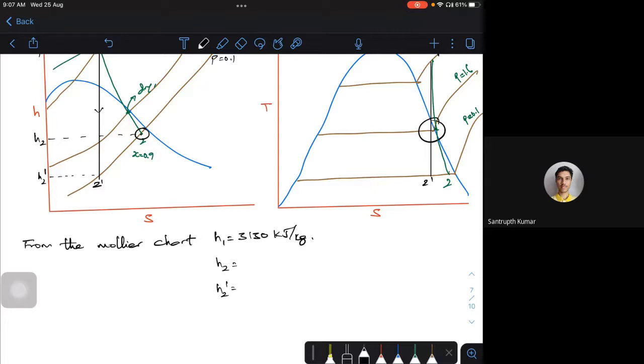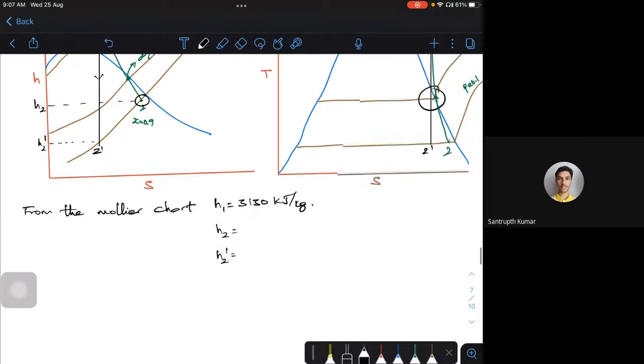H2 dash is 2270. 2270 kilojoules per kg. What about H2? It will be more than that, around 2300 something. H2 is 2695. 2695.